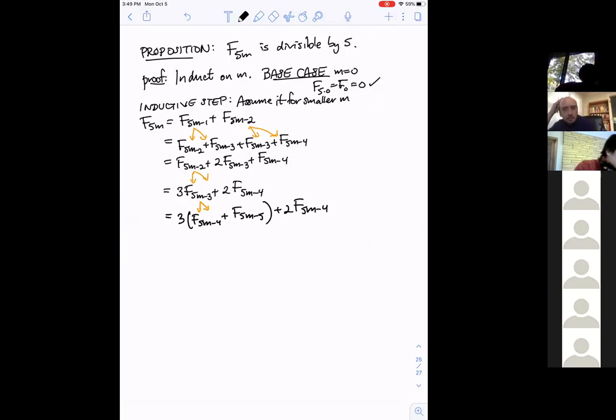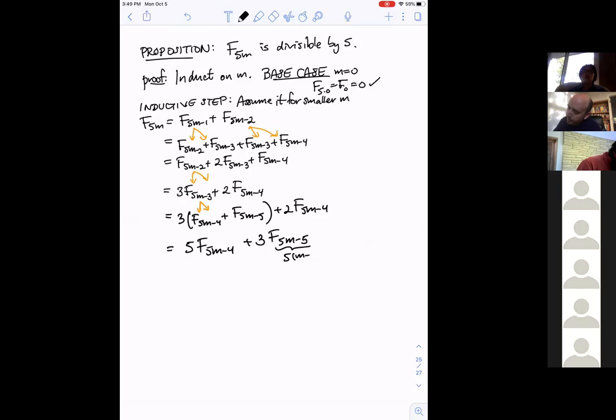Let me see what happened. And now when I combine terms, I think I'm done, actually. What happens is I get 3F5M minus 4, 2F5M minus 4 is a 5F5M minus 4. And what's left is this 3 in front of the F5M minus 5, but that's now achieved what I'm looking for.